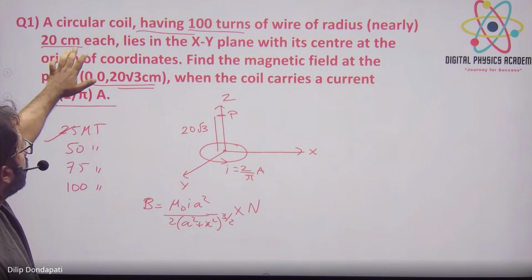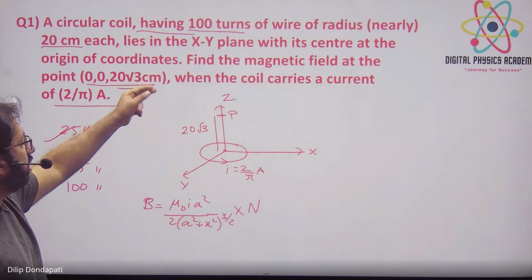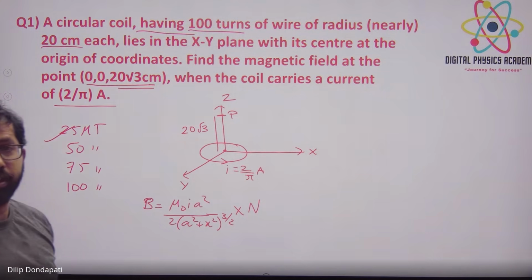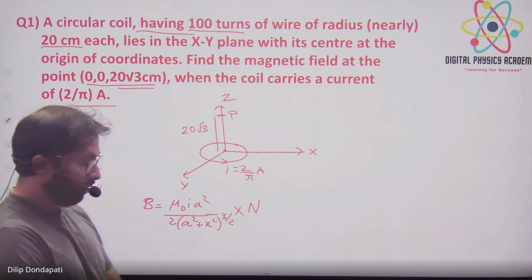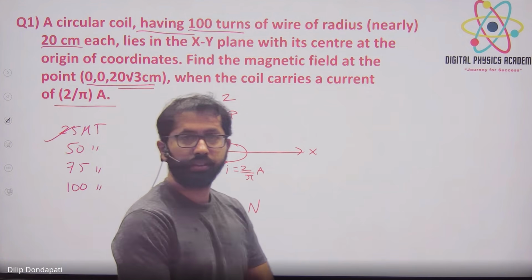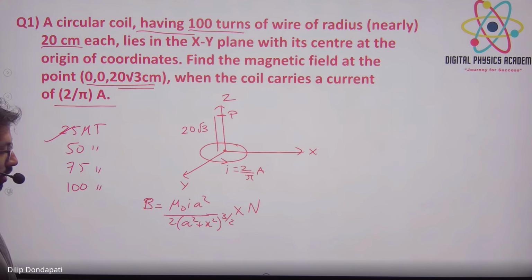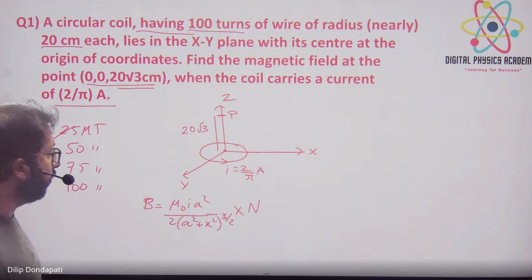A is 20 centimeters, 20 into 10 power minus 2, and x is the distance 20 root 3, that is centimeters है by 100 whole square करने का, and into 100 करेगा तो you will get the answer as 25 micro Tesla. आया? Calculation छोड़ो, but substitution करके all values are given, right? Just substitute and try to solve. Okay, ठीक है. ये 25 micro Tesla is answer. Yes, got it.